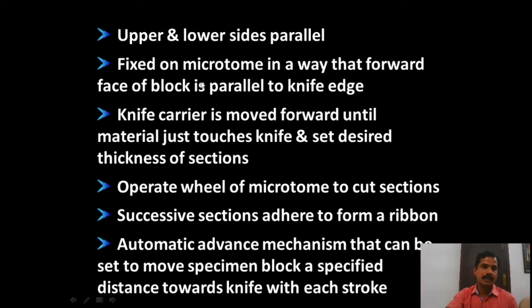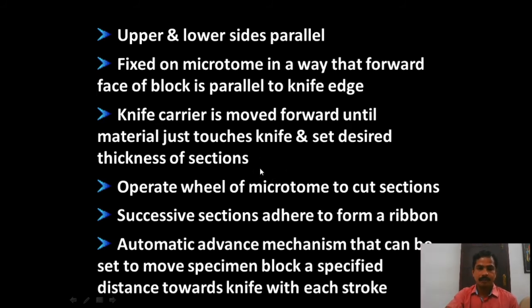The specimen holder is fixed on the microtome in a way that the forward face of the block is parallel to the knife edge. The knife carrier is moved forward until the material just touches the knife, and set the desired thickness of the sections. We can adjust the thickness, the microns, of the specimens to be cut.